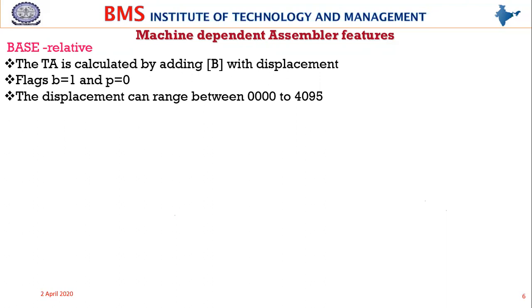Usually the index of the array will be stored in your X register, which will be kept on incrementing. That's the reason why we have TIX and TIXR instructions. TIX and TIXR instructions allow us to compare the X value. X will be incremented and then it will be compared with the count.